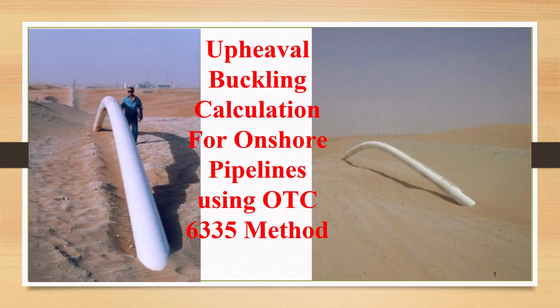There is one more type of buckling known as lateral buckling. In general, for onshore pipeline systems, lateral buckling is not a governing case because when you are installing a pipeline inside a trench, the lateral soil resistance will be very high, such that it will not allow the pipeline to move in the lateral direction. However, in the upward or vertical direction, the only resistance is the depth of cover of the soil.